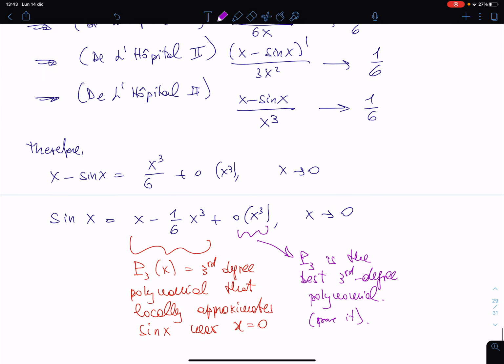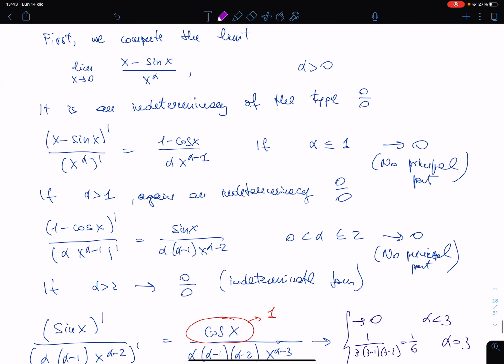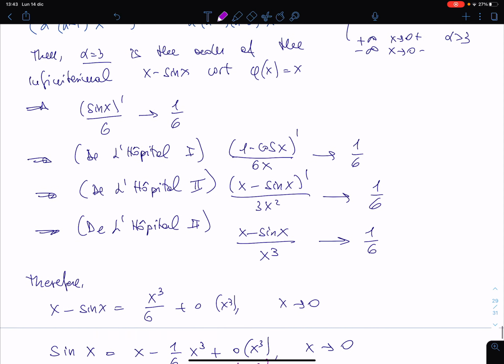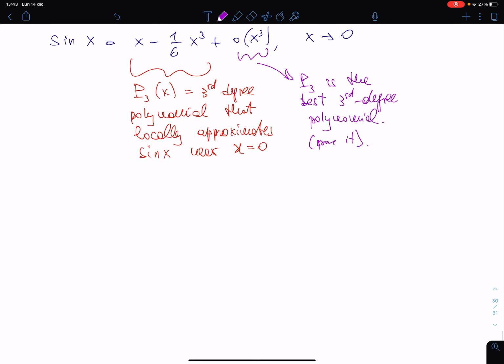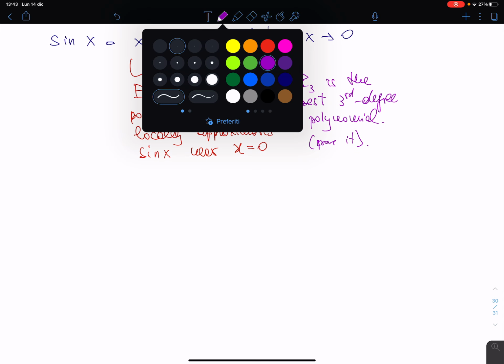I want to tell you something about this limit that I computed in this way. I was a bit pedantic, so I stress it by a remark.